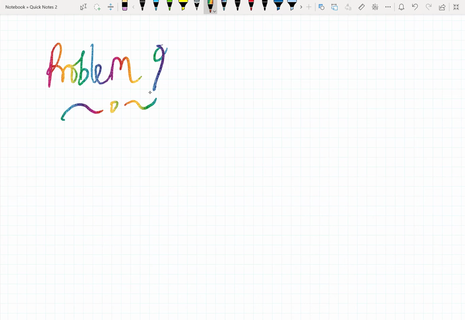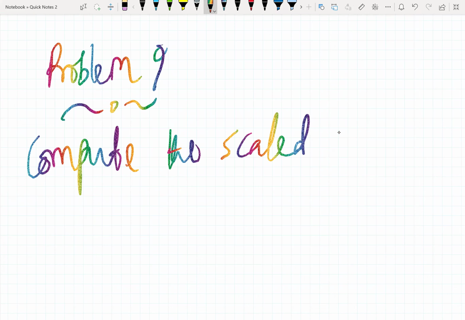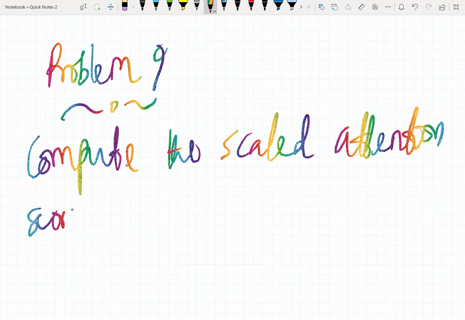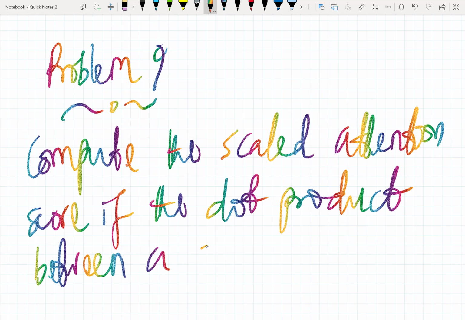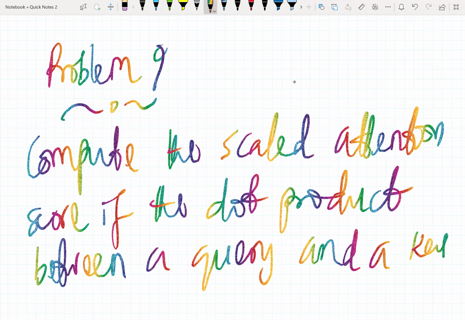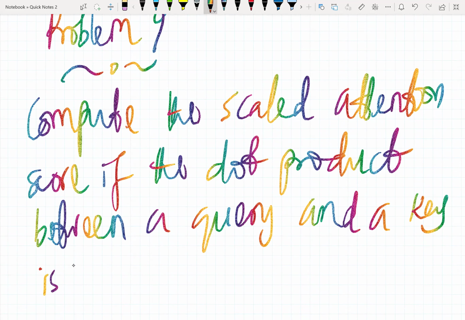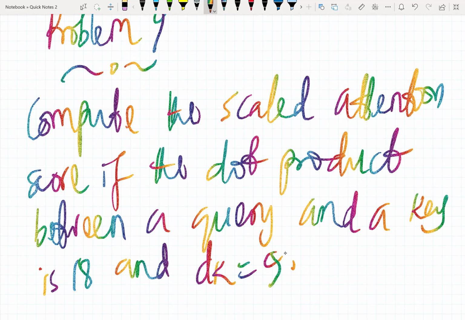Problem 9 says to compute the scaled attention score if the dot product between a query and a key is 18 and D sub k is equal to 9.